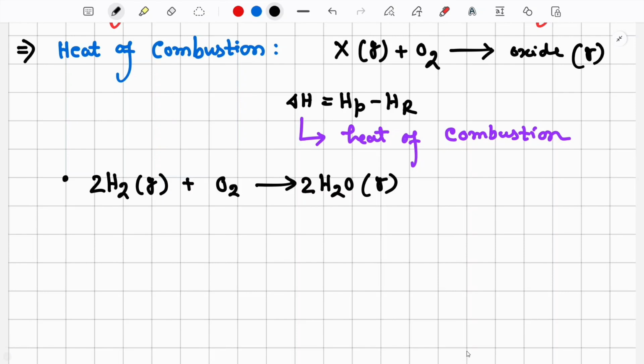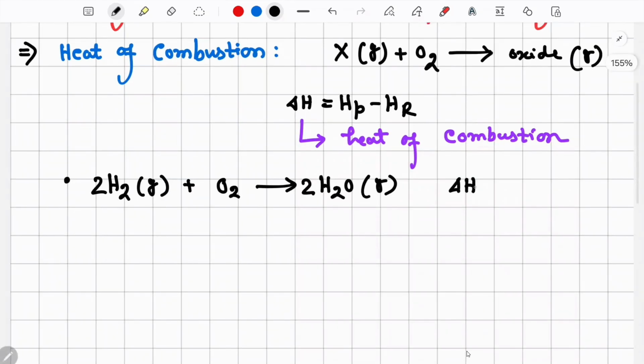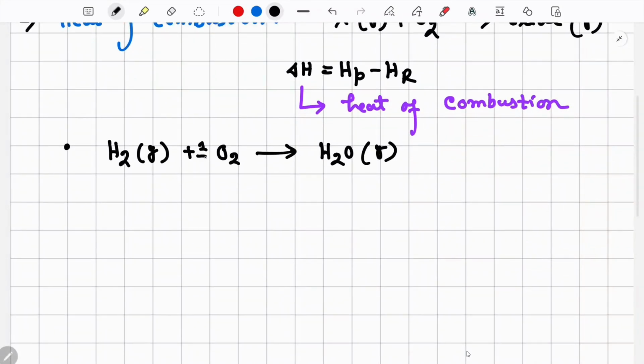This is the standard equation you read, but for this reaction, the change in enthalpy delta H will not be equal to the delta H of combustion. Here you have to be careful. The definition is you have to consider this as one, and accordingly balance the equation. Then the change in enthalpy will signify the heat of combustion.